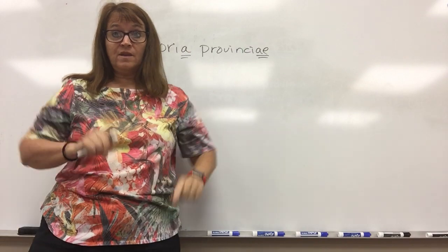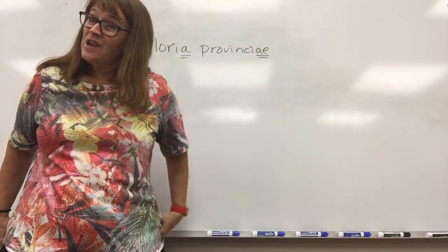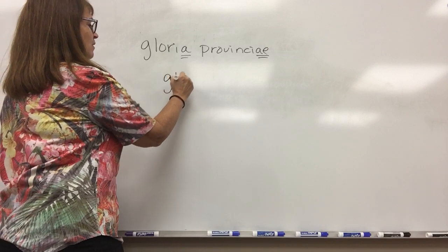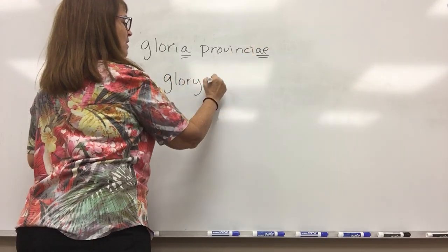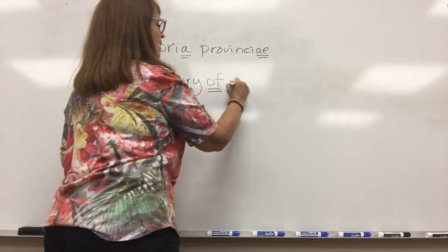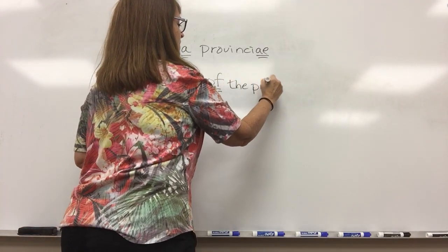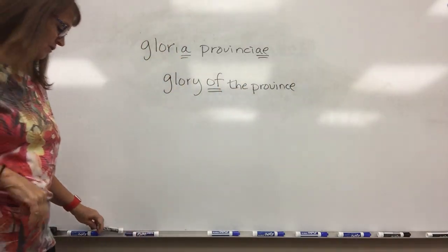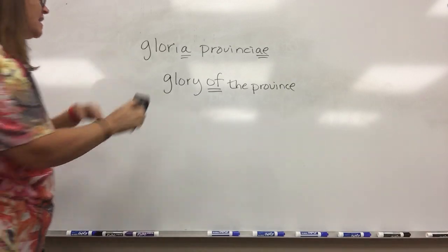You kind of work different things out, but right now we're working on the genitive, so we're going to assume that's genitive. So remember, we're going to have the glory, and our special word for the genitive cases, of the glory of the province. Okay, so hopefully check out those answers for exercise 8 and see how you did on that.